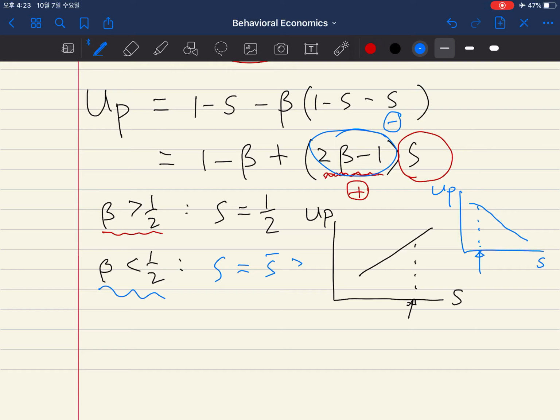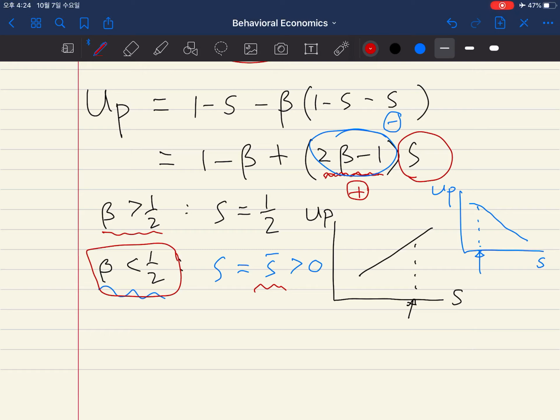And we know that S upper bar is a positive number. So it's very interesting that proposer with beta less than half, this proposer is the type of person who doesn't really care about others, doesn't really care about inequality. But this proposer still offers a positive amount to responder. So why does he do that?